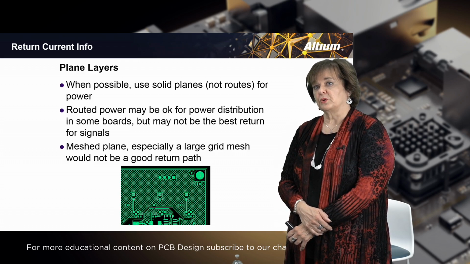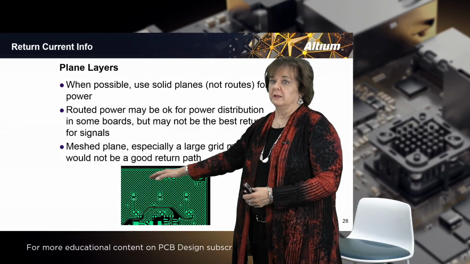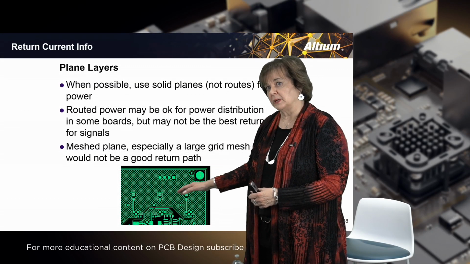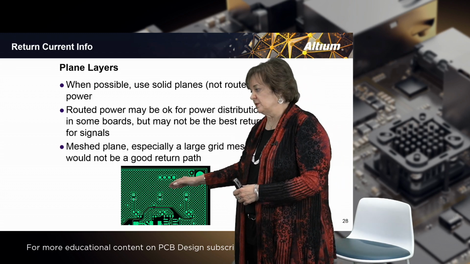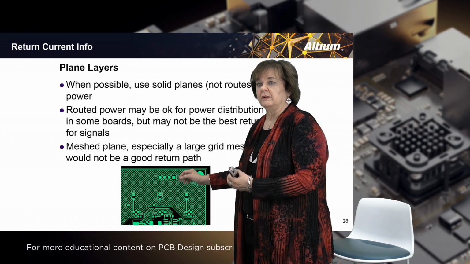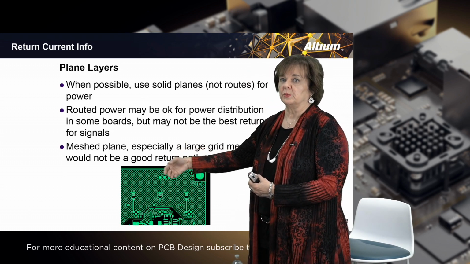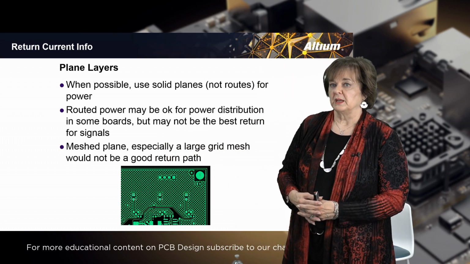Large meshed grids can be a really big problem for signal return because the energy has to spread out as it's traveling across that. If a signal was routing against this plane, returning against this plane, and it had to cross over a large mesh grid in particular, the energy of the return would have to spread out at each one of these little mesh openings, and so it can create quite a problem for that signal.